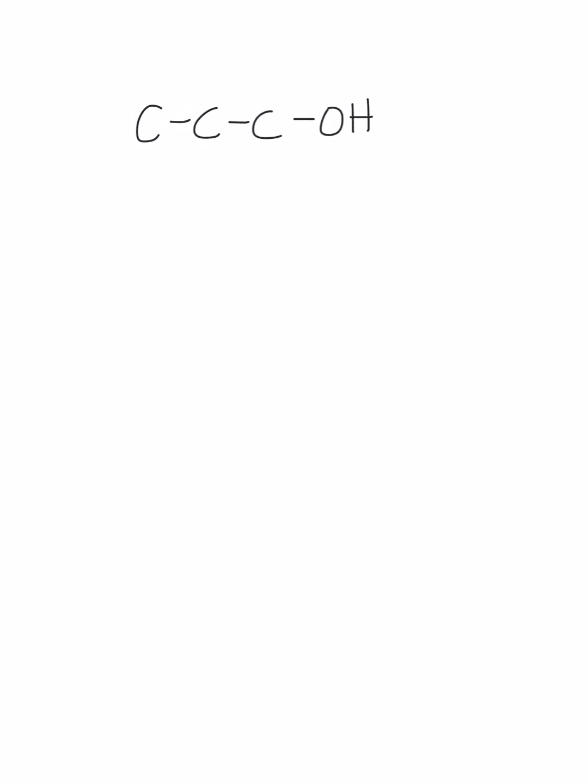In all of these alcohols that have been shown so far, they have all been a certain kind of alcohol called a primary alcohol. And of course this is propanol.